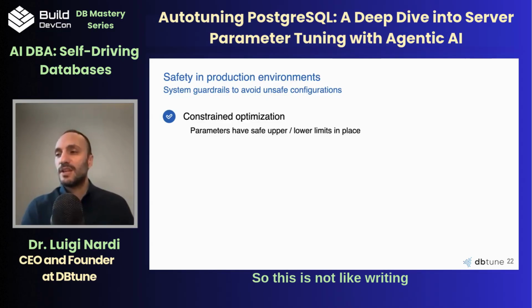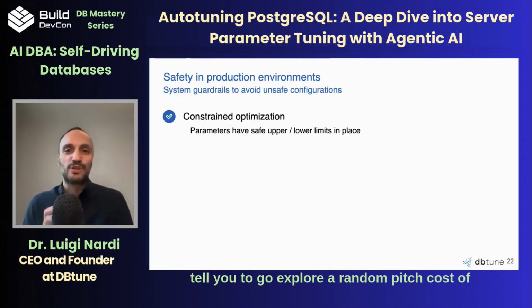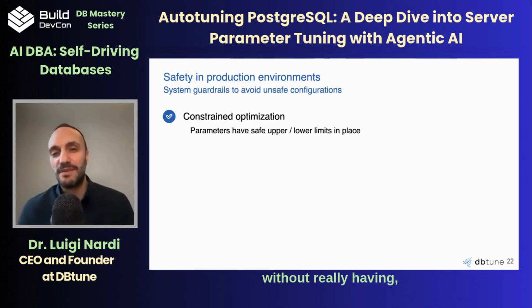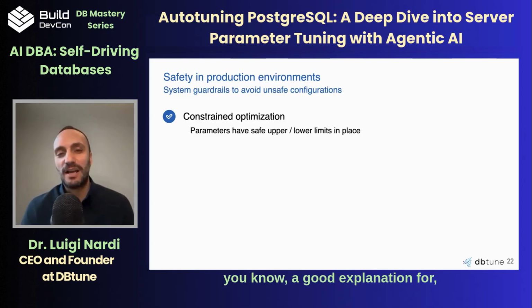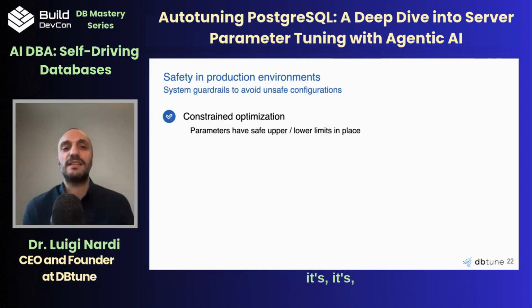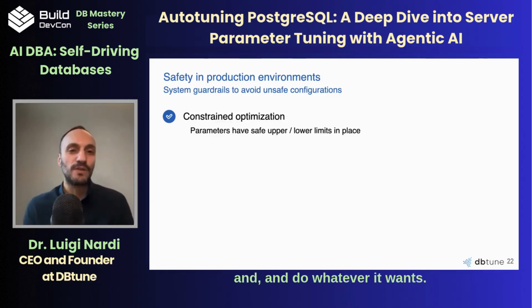So this is not like writing a wrapper to ChatGPT that can tell you to go explore a random page cost of 25 without really having a good explanation for why. This is all very constrained, so that the artificial intelligence piece cannot just go wild and do whatever it wants.